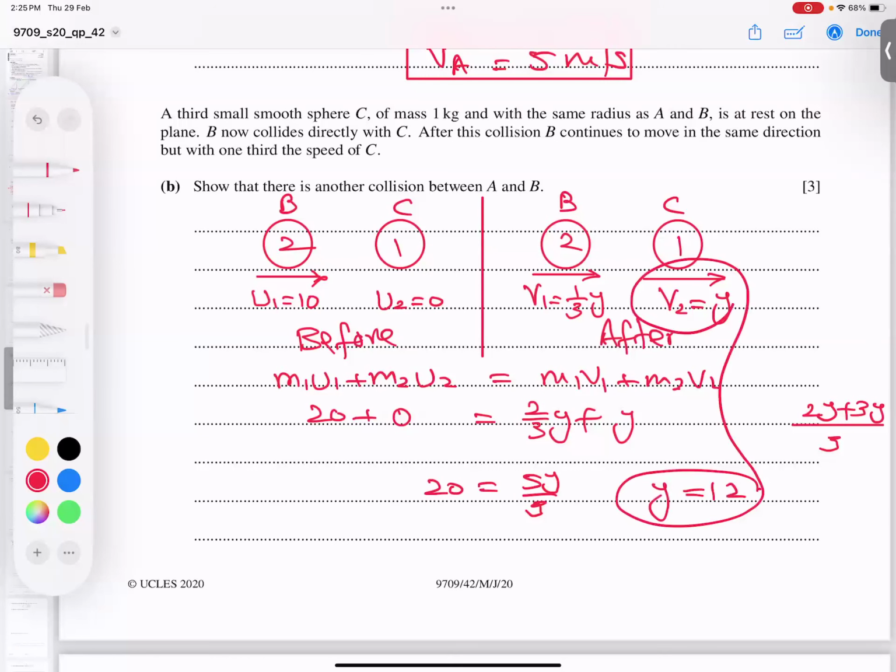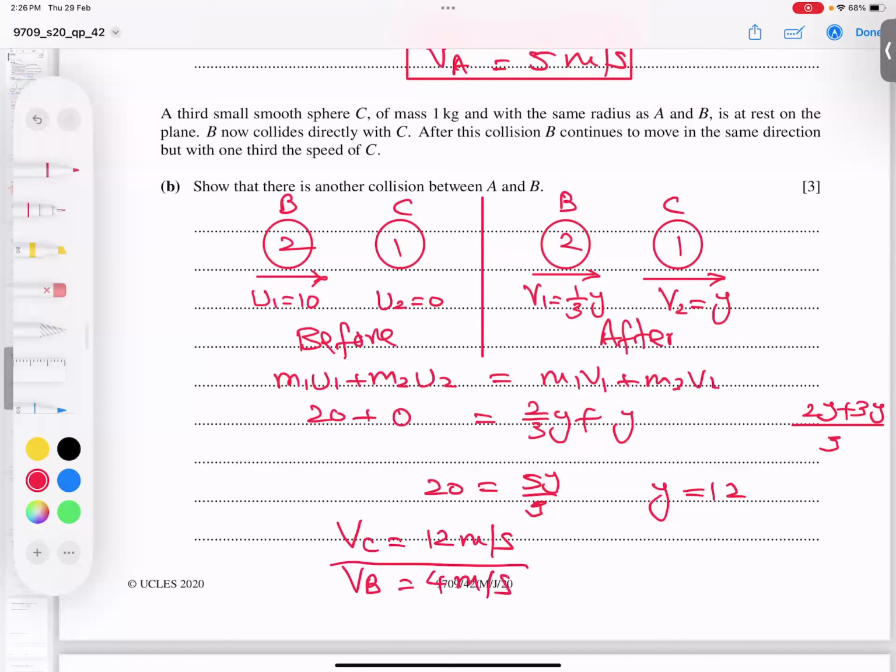So the velocity of the C particle is 12 meters per second. If I plug in this 12 here, 3 into 4 is 12, so the velocity of the B particle is 4 meters per second. But students, this is not my answer.